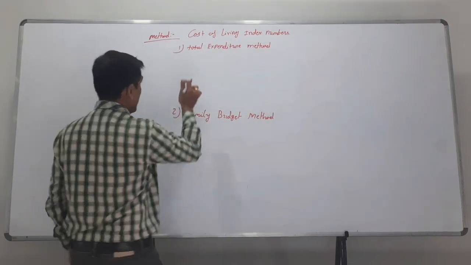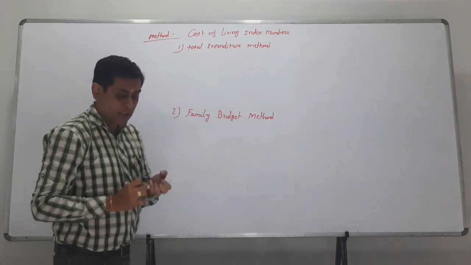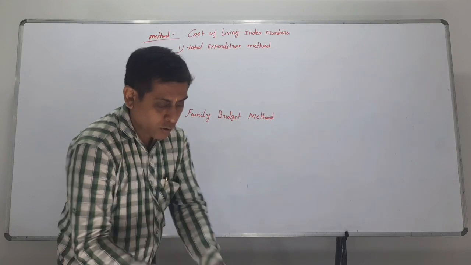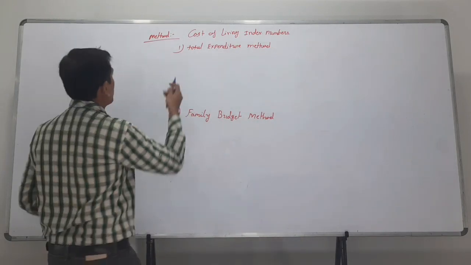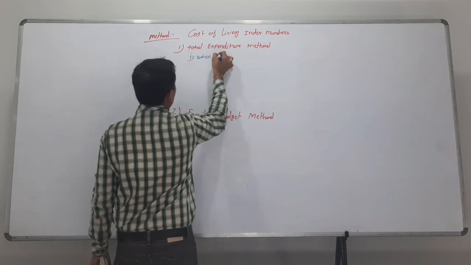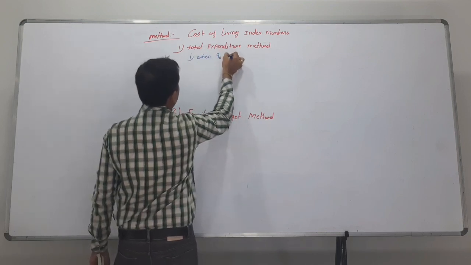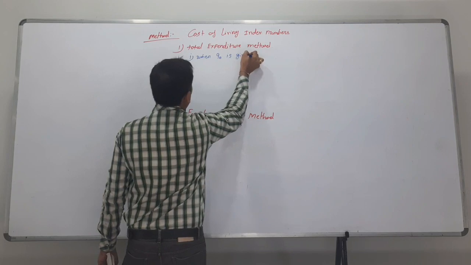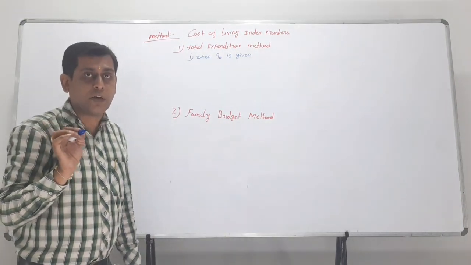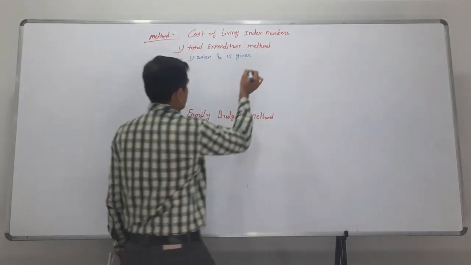Okay, but in total expenditure method there are also two methods. First one, when Q0 is given. What is that Q0? That is quantity of the base year is given.